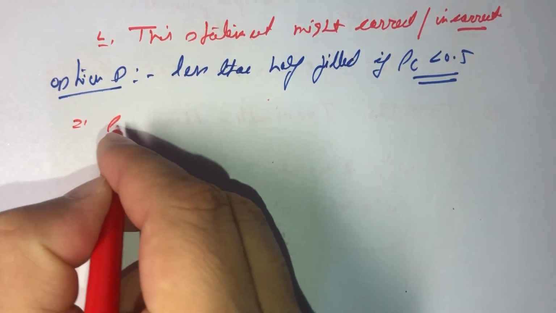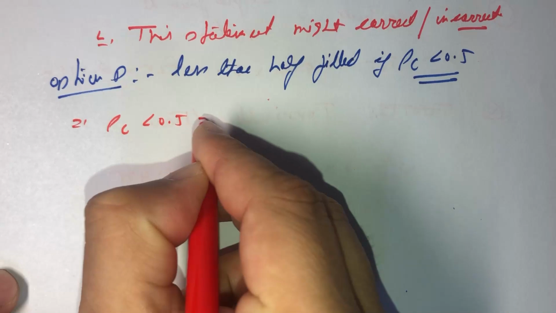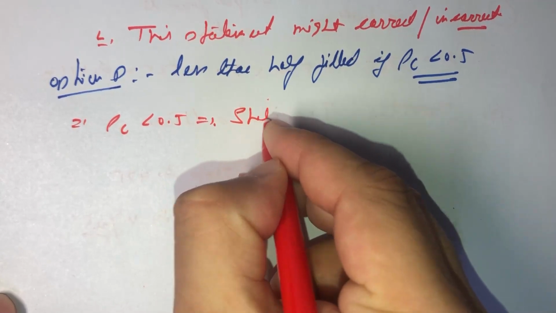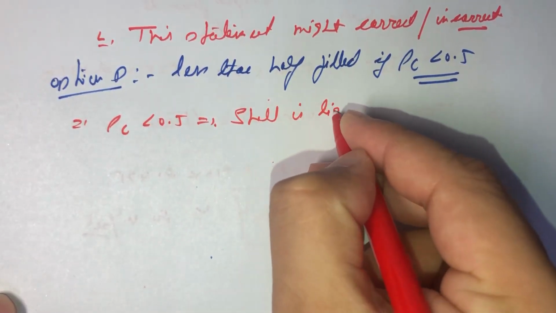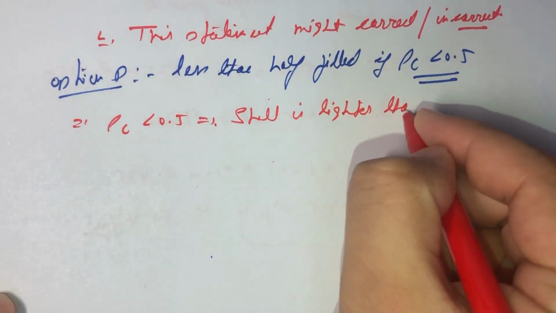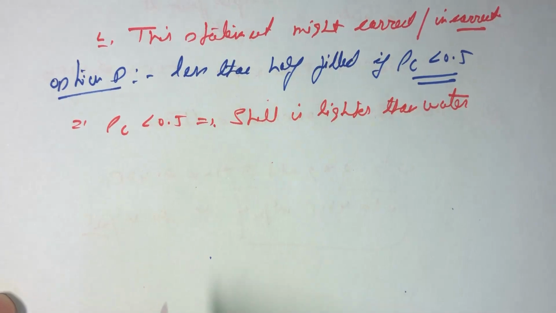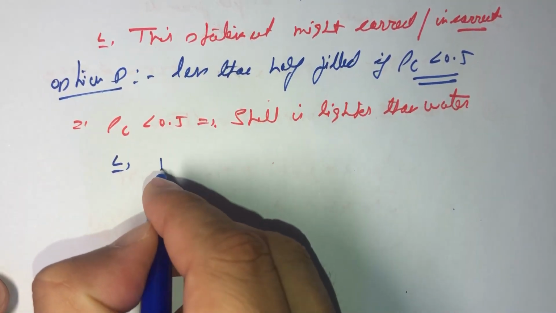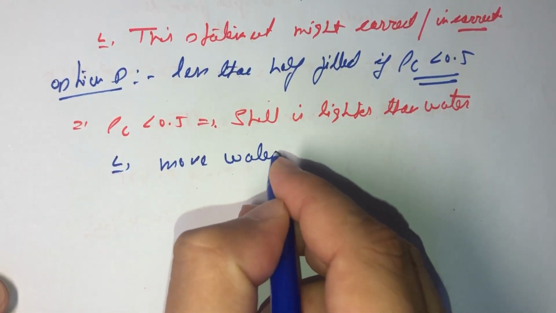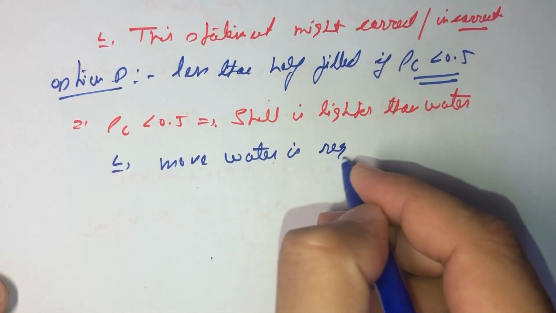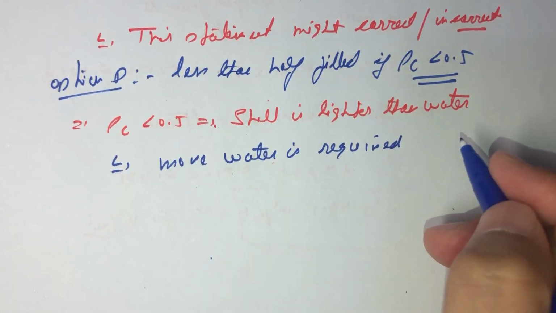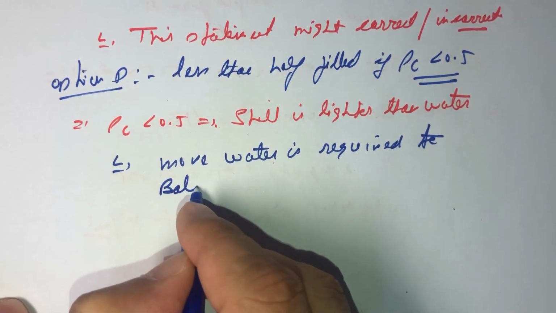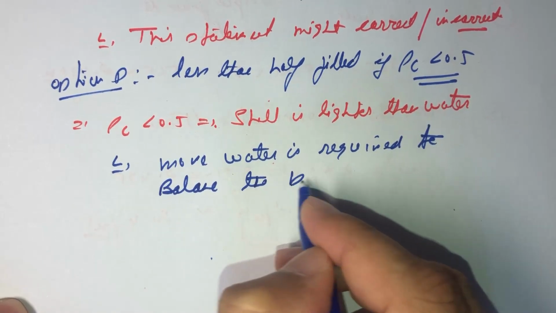So rho C is less than 0.5, which means that the shell is lighter than water, so more water is required to balance the buoyant force.